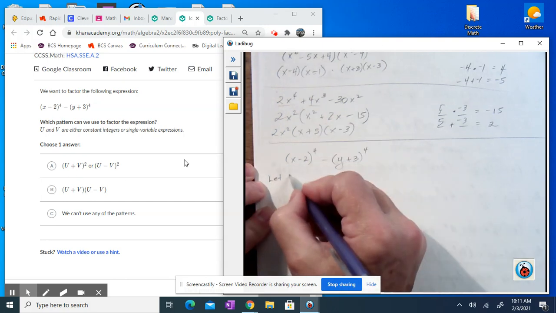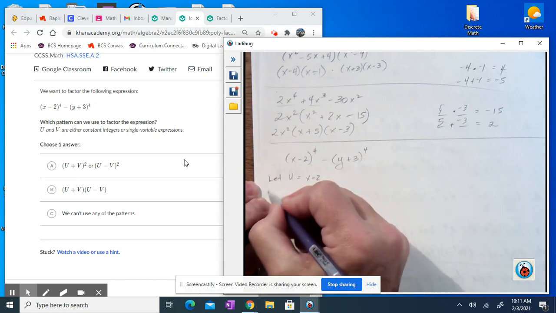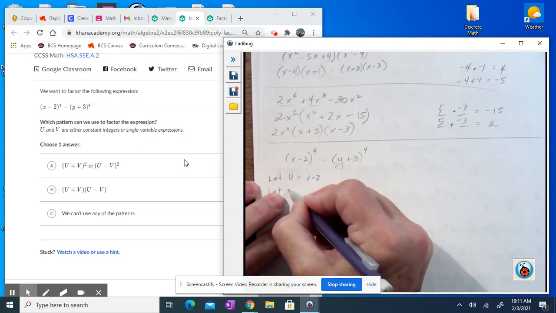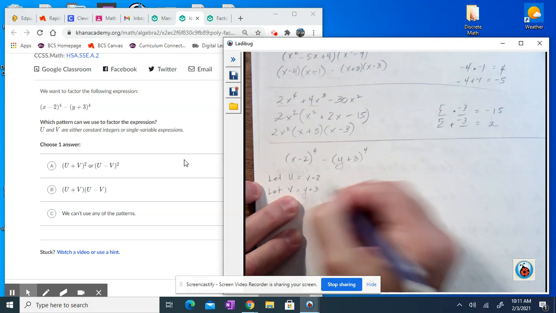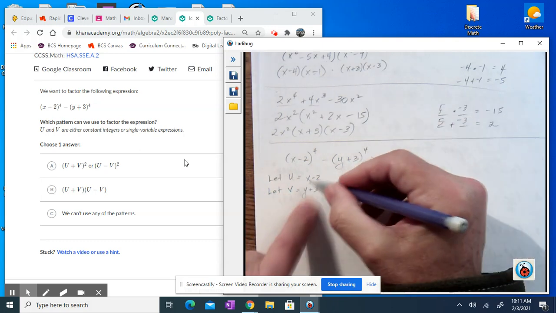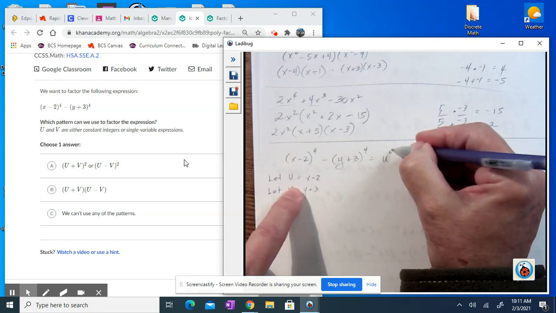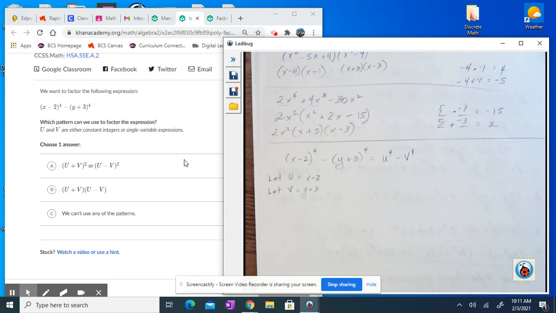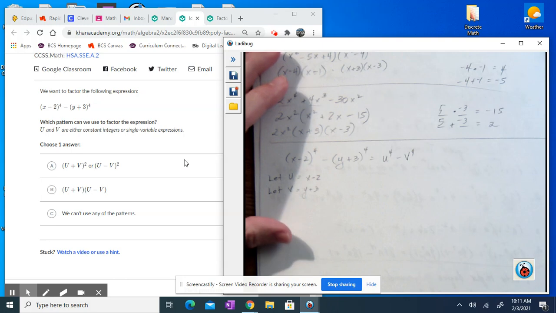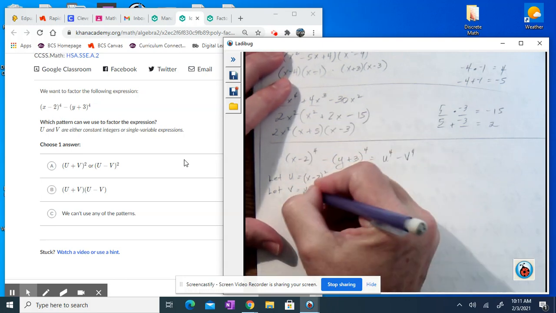Let's let u represent x minus 2, and let's let v stand in for y plus 3. If I make these substitutions, then this becomes u to the 4th minus v to the 4th, and that's a perfect square, right? That's a perfect square. As a matter of fact, I could do a little more. I could let this be squared here and let this be squared.